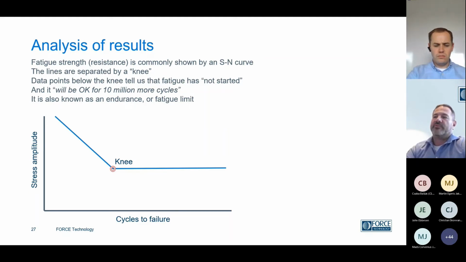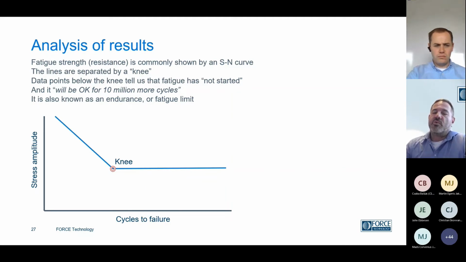If we plot the data points, what that knee tells us is that for data points below the knee, we're not expecting fatigue. Fatigue hasn't started, and it's going to be okay for another 10 million cycles. This is also known as the endurance limit or the fatigue limit.